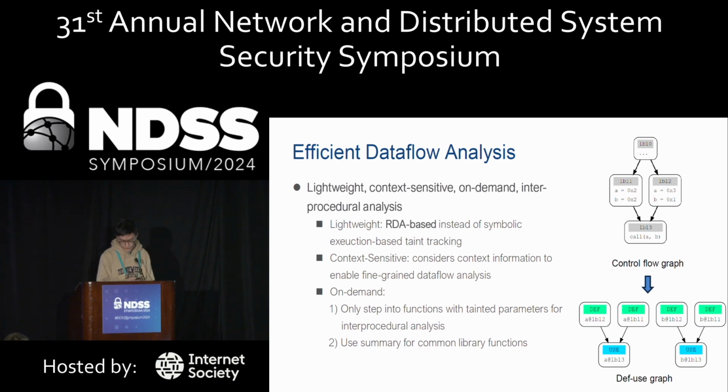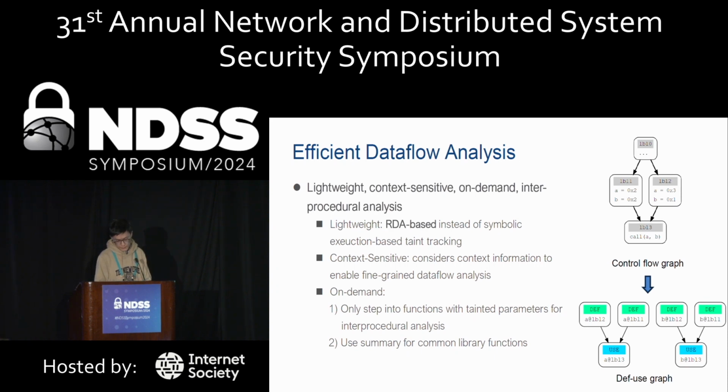The second principle is context sensitive, and the third principle is on demand. Specifically, we only step into functions with tainted parameters for interprocedural analysis, and we apply summaries of common library functions.